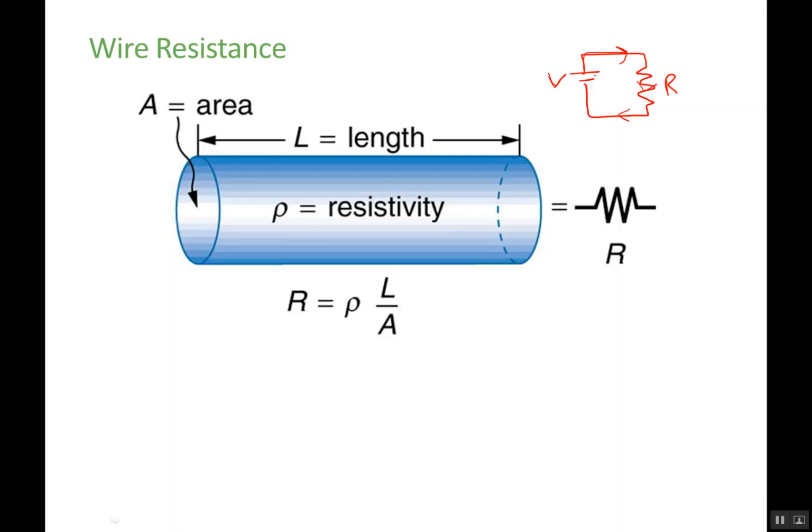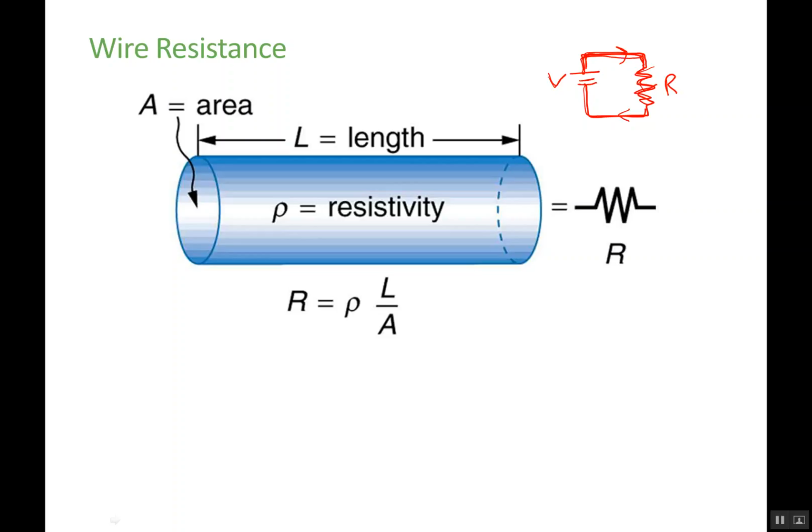Here we're assuming that the wires are perfect conductors of electricity. In reality, though, wires themselves also have resistance to the flow of electricity. It's just that usually the amount of resistance the wire has is insignificant compared to the resistance of other components of the circuit, like light bulbs and motors.